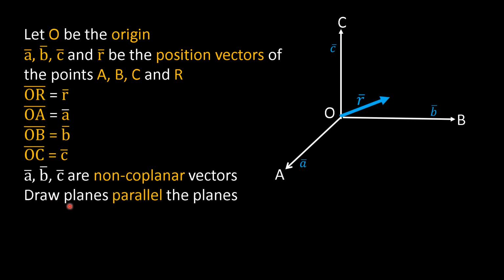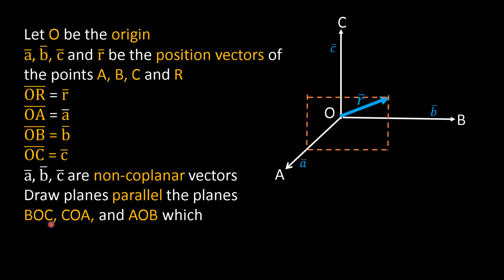We will draw planes parallel to the planes BOC, COA and AOB. Plane parallel to BOC is this one. Plane parallel to COA is this one, and plane parallel to AOB is this one.